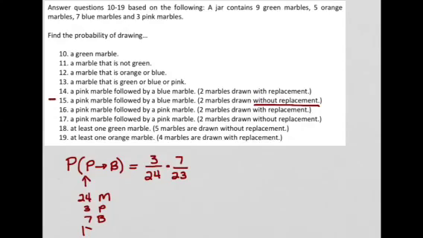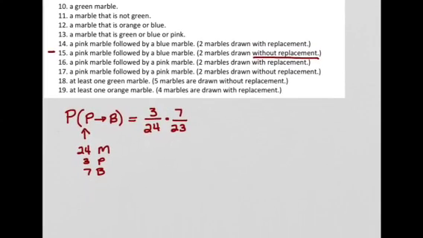Then we picked one out, and we're assuming that it was a pink. So now we're down to 23 marbles, 2 pink, 7 blue, 14 other. So that's why we have 7 out of 23 on the second draw.